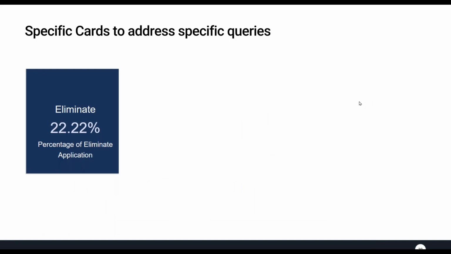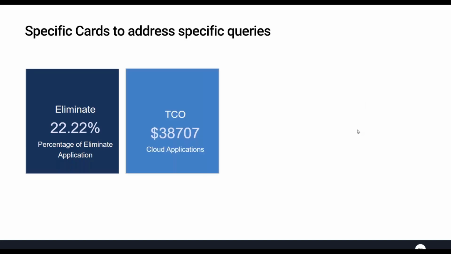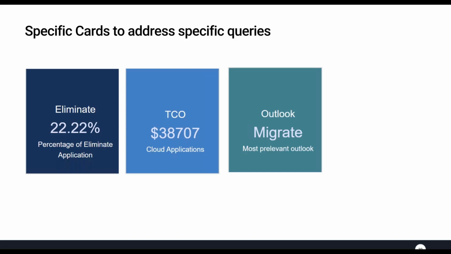And last but not the least is the cards, which give you a very quick snapshot of a summary, a percentage, or a key repeated value of your underlying application inventory. So if I want to understand the most predominant outlook status in my application inventory, you could see it's migrate.